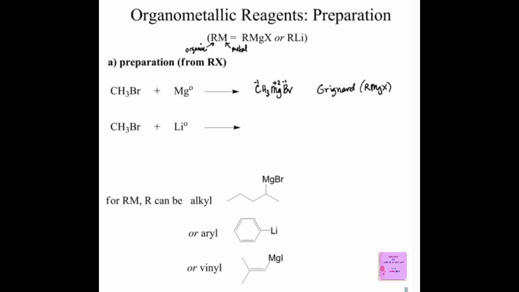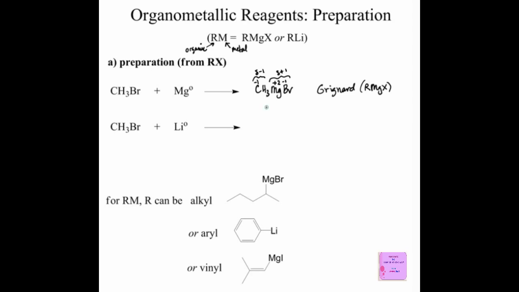And these are not ionic compounds, so you can think of this as having a combined partial +1, and this has a partial -1. If you want to think of it as a partial charge rather than a full ionic charge, either one of those ways to consider it would be good.